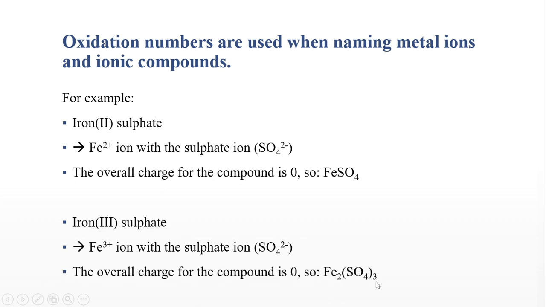We need 2 iron ions for every 3 sulfate ions. Each of the iron ions has a plus 3 charge. 2 of those, that's a total of plus 6. Each one of these sulfate ions has a minus 2. Times 3, then we have a total of minus 6, so that will cancel out. And that's how you use the name to find the formula, as long as you know oxidation numbers.